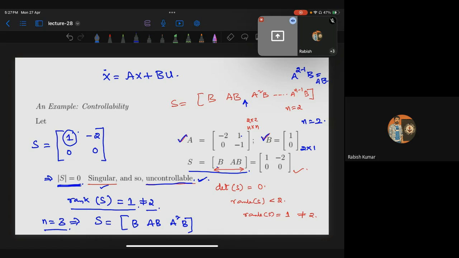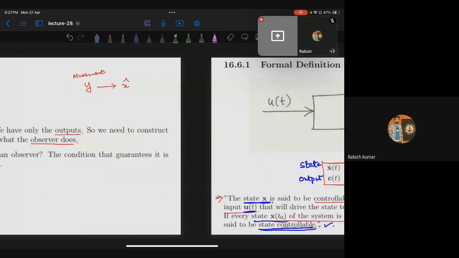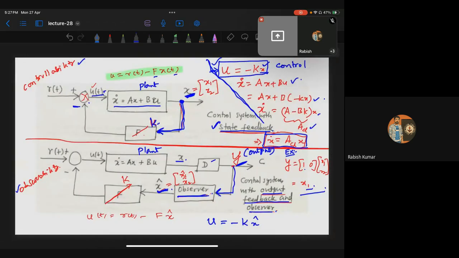Now, only if the system is controllable will we consider this case, taking u equal to minus kx, and go up to this point. Otherwise we cannot go. That is the basic necessary condition. Only if the system is controllable can we do the state feedback.